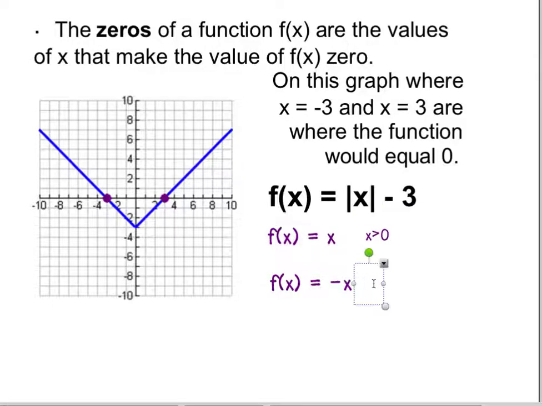and when x is less than or equal to 0, so I guess really we could have a separate one in here, but I'll put it when it's equal to 0. We'll use that one at the top. So these would be the parts, or the pieces, of the piecewise function.